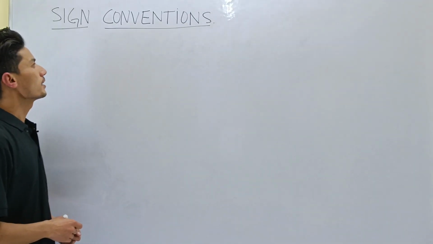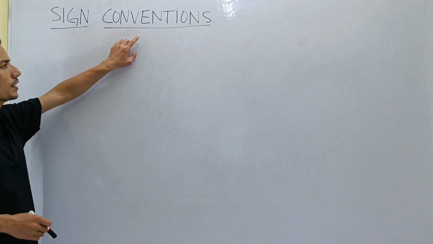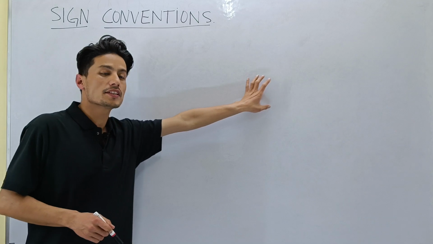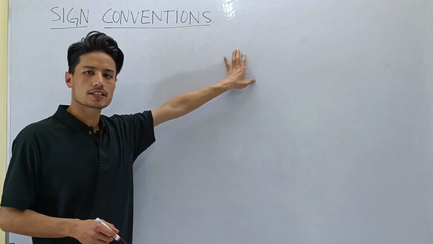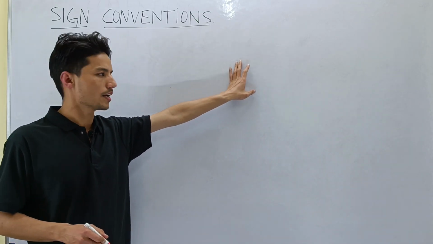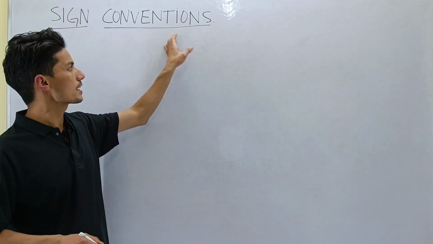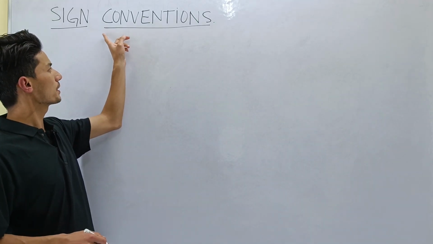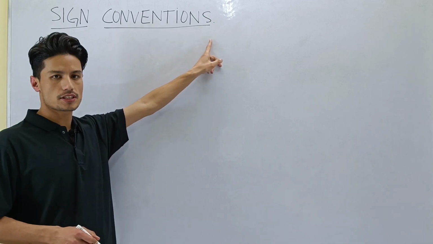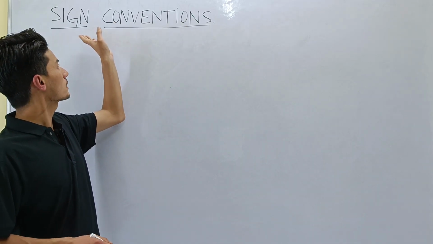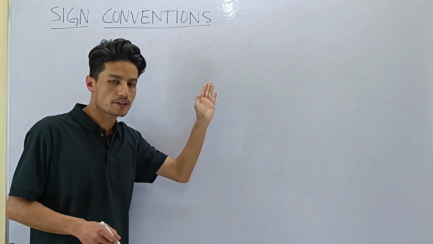So, sign conventions. What are we going to learn here? We are going to learn about the different terminologies like object, image, and focus again here. But this time we will be addressing their sign also, as the name of the topic itself suggests, sign conventions. So we'll be studying the signs, whether it will be a positive sign or a negative sign.